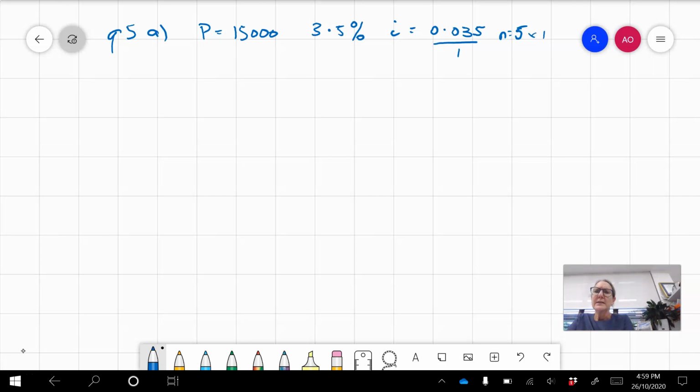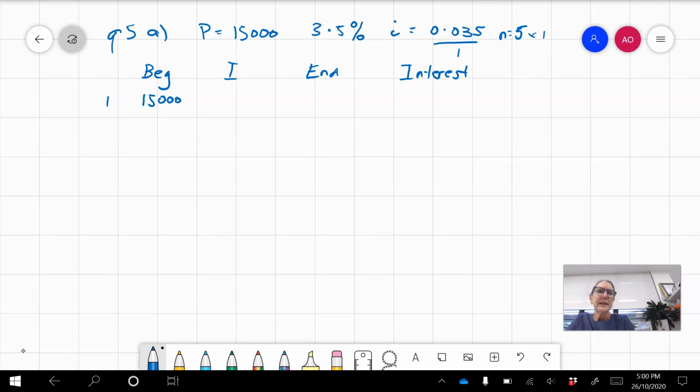So if we do that, we've got the beginning of the year, the interest as in what we're going to multiply, the end of the year, and then we can have another little column for interest where we might do some subtractions. So the beginning of year 1, we have 15,000.